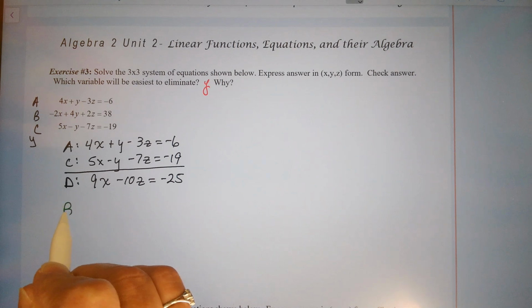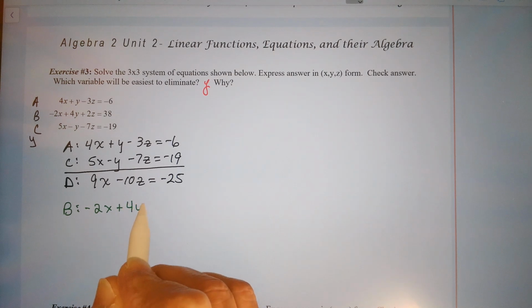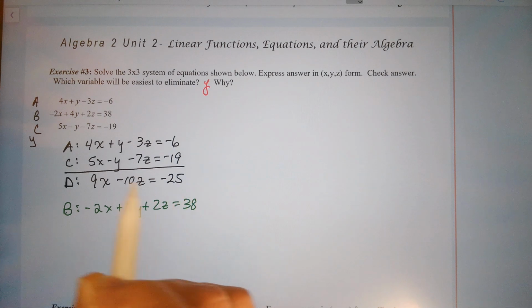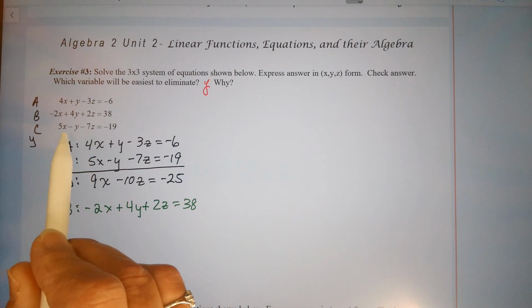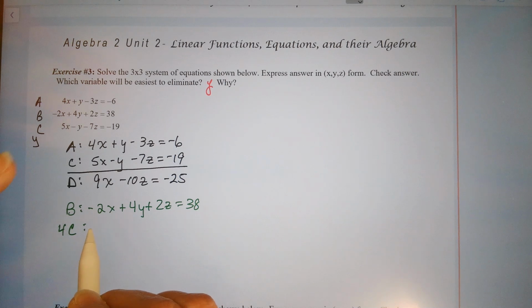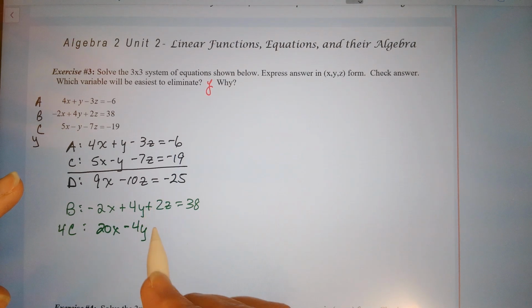I'm taking B as it is, negative 2x plus 4y plus 2z equals 38, and taking 4 times C. 4 times 5x is 20x. 4 times negative y is negative 4y. 4 times negative 7z is a negative 28z.